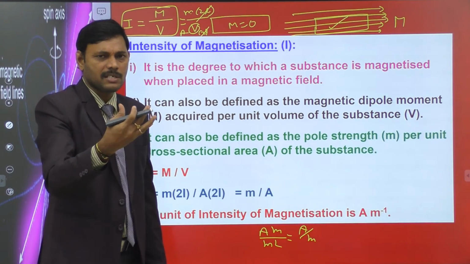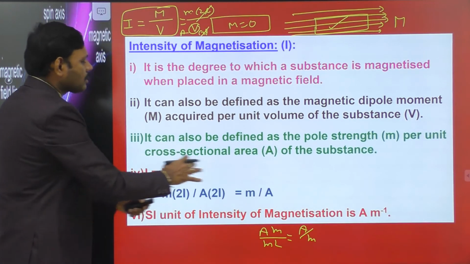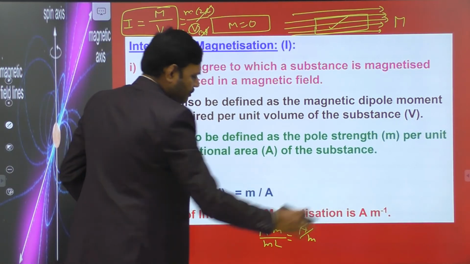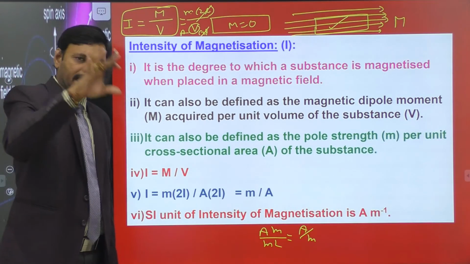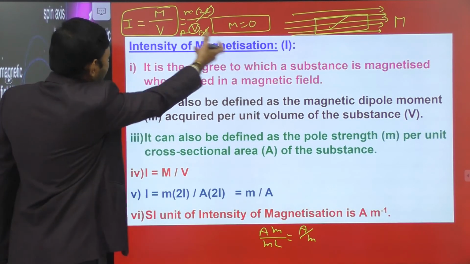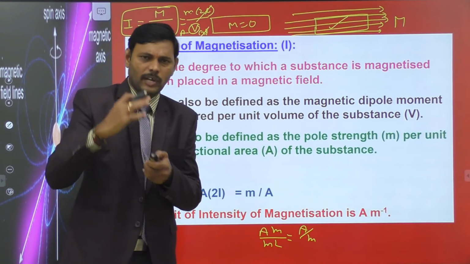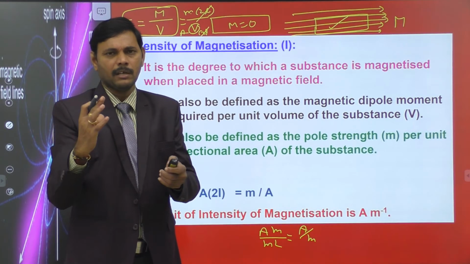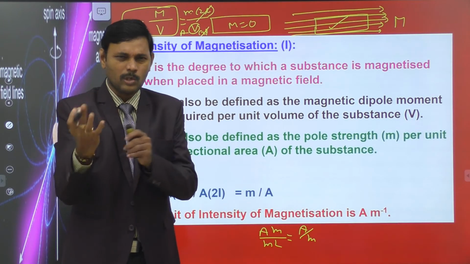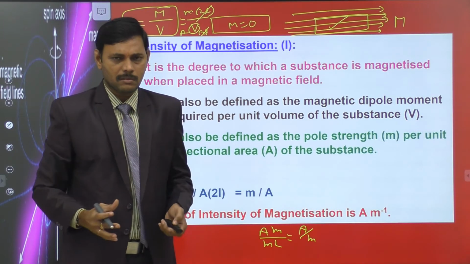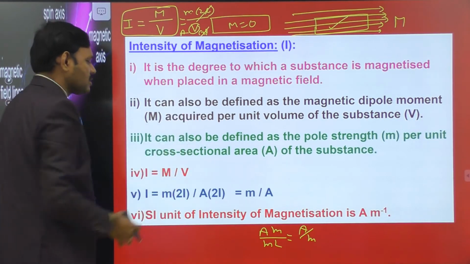Intensity of magnetization is the effect acquired by the magnetic material. But both have the same unit, ampere per meter. Ampere per meter is the unit of both magnetic intensity and intensity of magnetization. Students, I hope you understand the difference between magnetic intensity and intensity of magnetization. These are two closely sounding terms but having different meanings. You must be conscious about these two definitions.